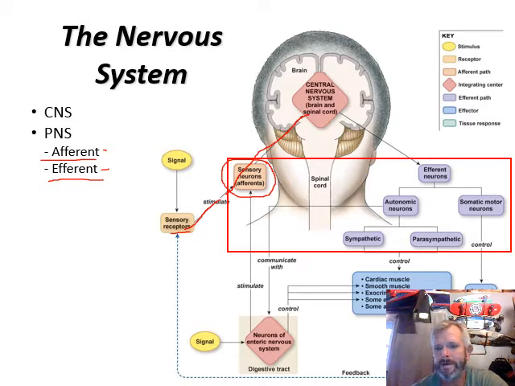The brain can make a determination of what's in the sensory input and can send out a response if we need to through the efferent or motor pathway, or motor nervous system, through the efferent neurons going from the central nervous system out to the periphery. Now this efferent pathway can be broken down into the autonomic nervous system and the somatic motor system.